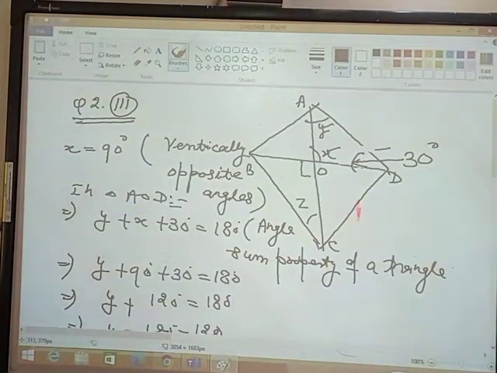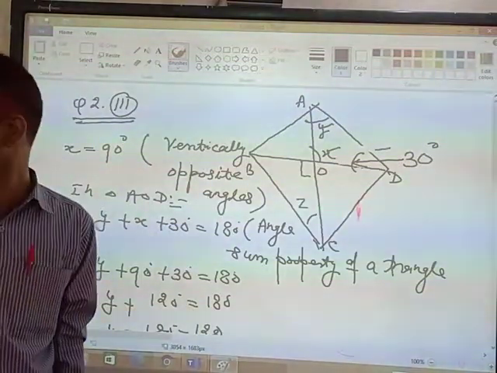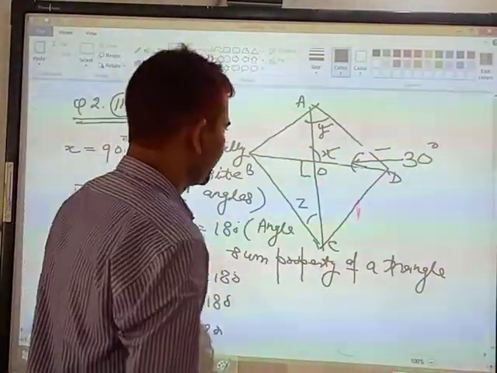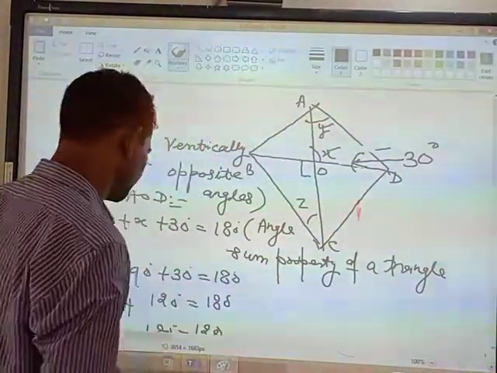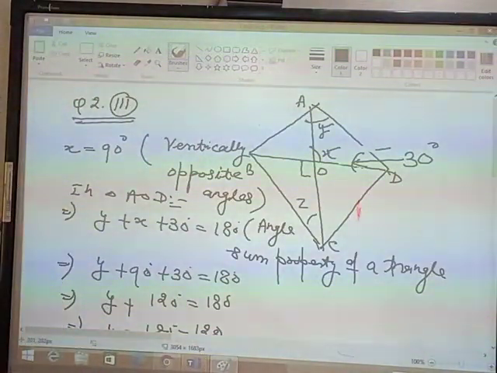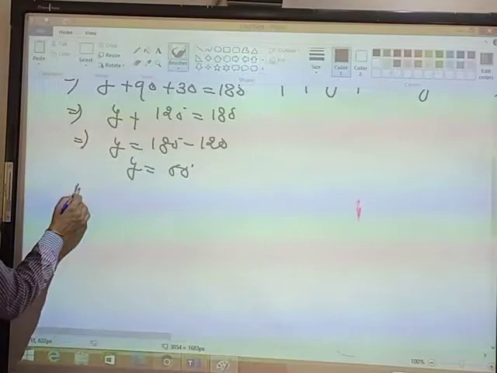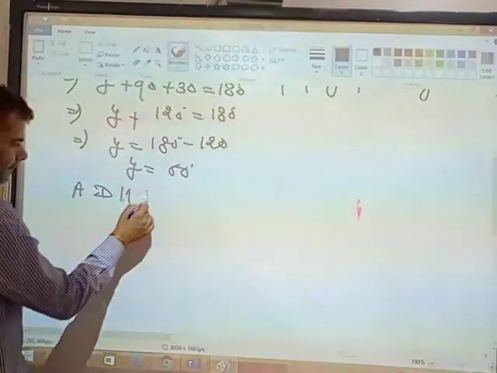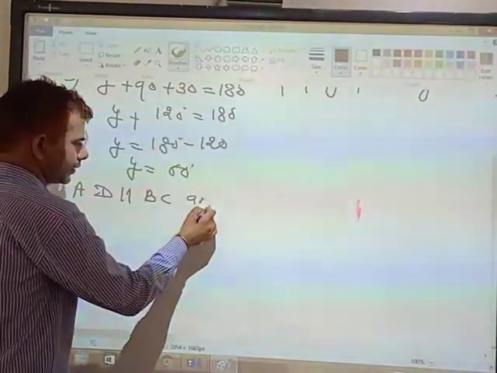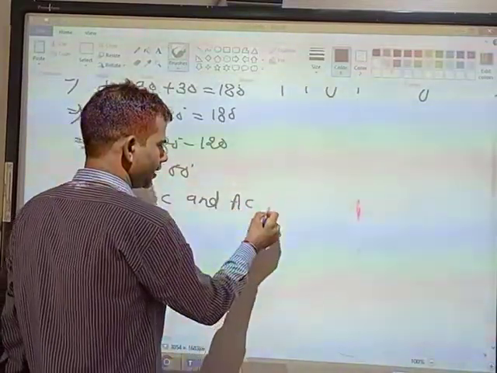Now, students, AD is parallel to BC, and AC is a transversal.